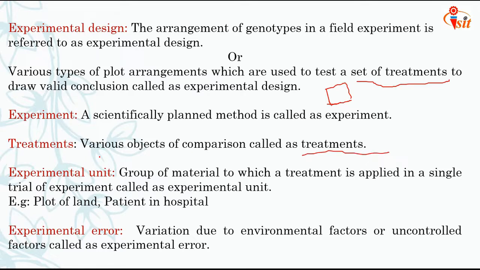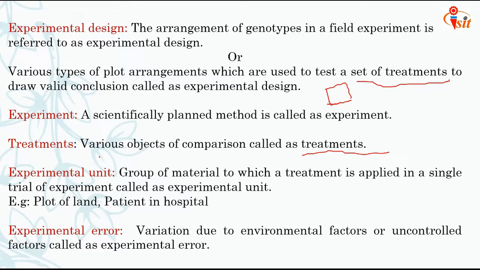If I have a variety of soybean, JS335, and I want to study the effect of different doses of fertilizer on that variety, then the different doses of fertilizers are the treatments. So the various objects of comparison are called treatments here.